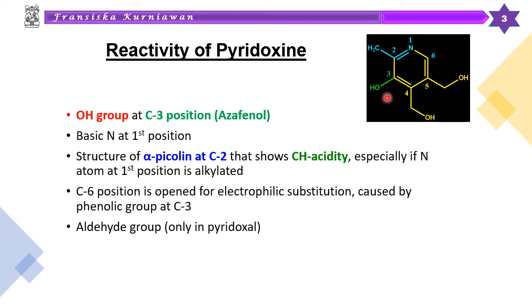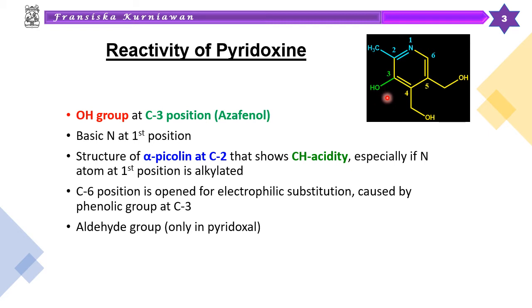If you remember the lectures about electrophilic substitution, especially aromatic substitution, any first substituent will have an effect at the ortho and para positions. So as you can see here, number 6 is the para position to the hydroxyl group at number 3.